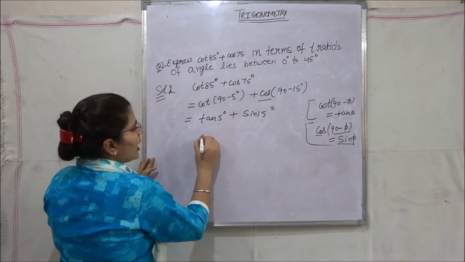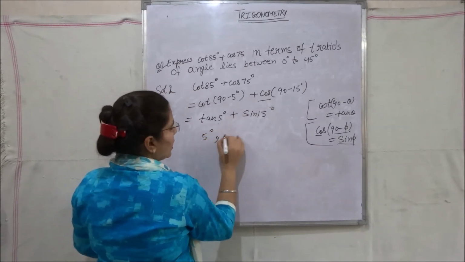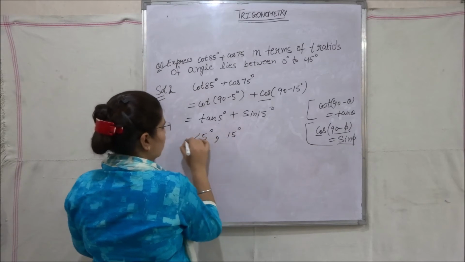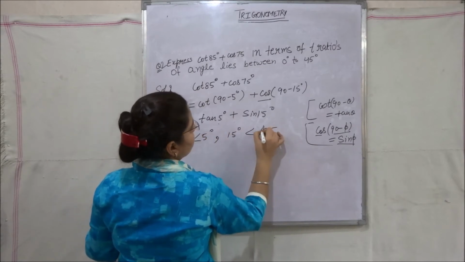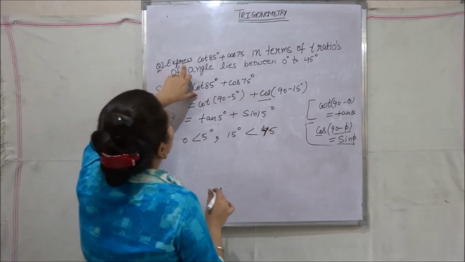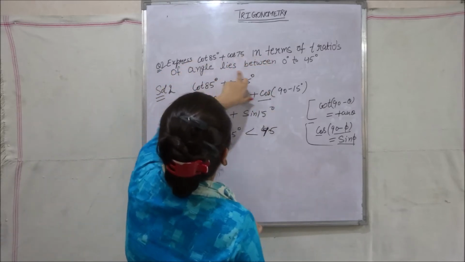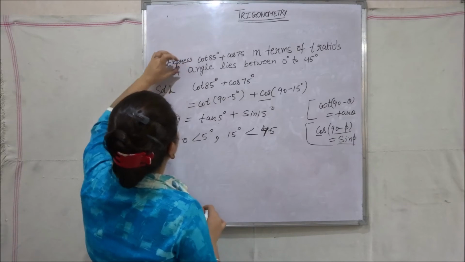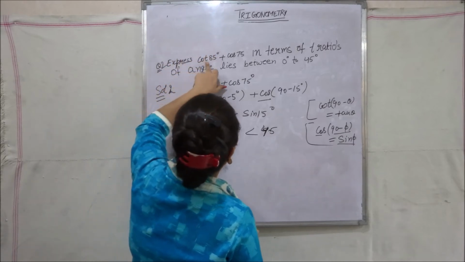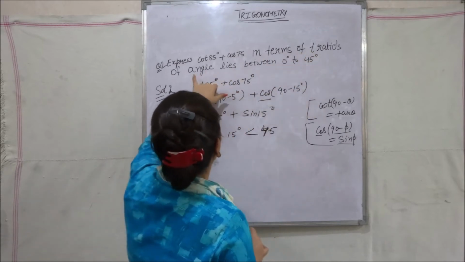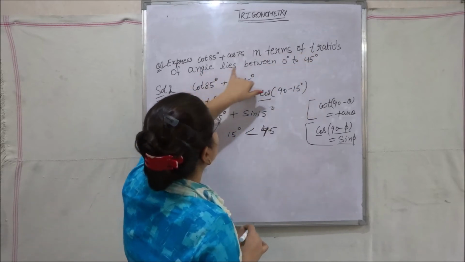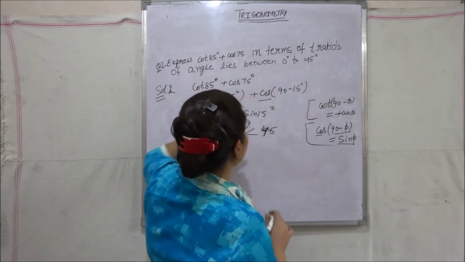So here angle 5 and angle 15 degrees are lying between 0 to 45 degree. We had to express cot 85 degree plus cos 75 degree in the form of t ratios of angles lying between 0 to 45 degree.